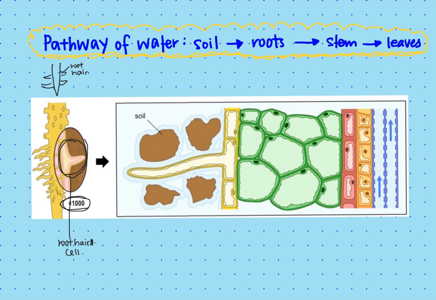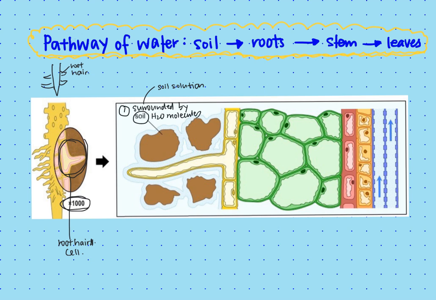Alright, and so the very first point we usually talk about is that the root hair cell is surrounded by water molecules in the soil, or sometimes you can say it's surrounded by a soil solution.